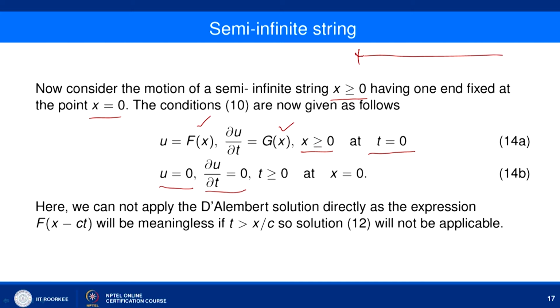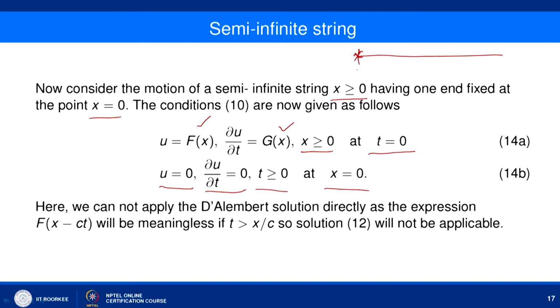So at this fixed point your displacement as well as the velocity is 0, and they will remain 0 for all time t greater than or equal to 0.